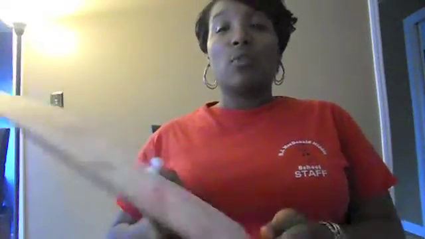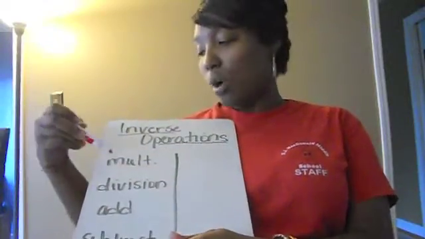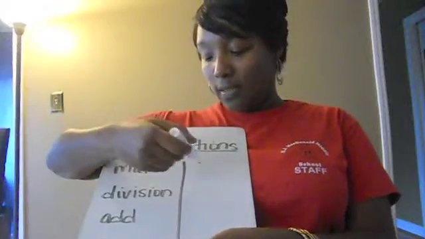First, we're going to talk about inverse operations, okay? Inverse operations just means that you do the opposite of what the problem is telling you to do. So for example, if the problem is telling you to multiply, then the opposite of multiplication is division.